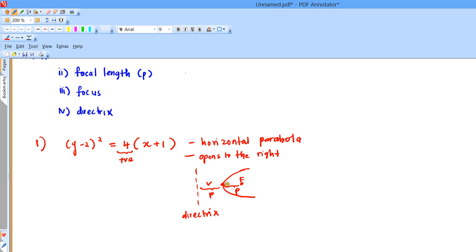So now we have the vertex. The vertex is a point V equal to (h, k). This is the vertex.